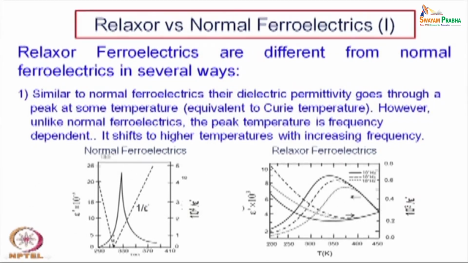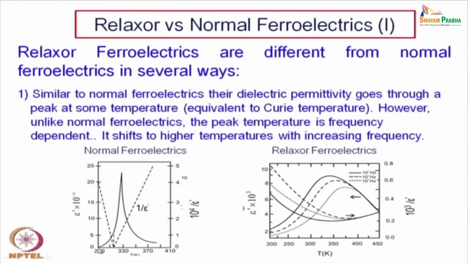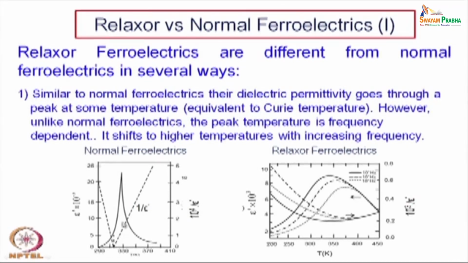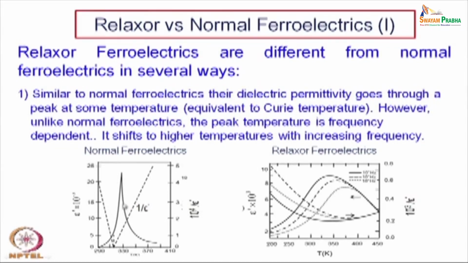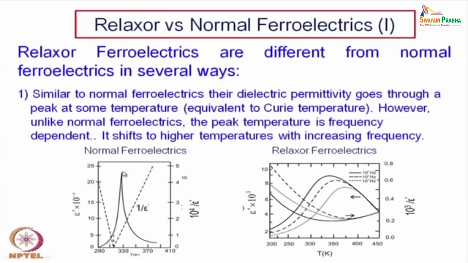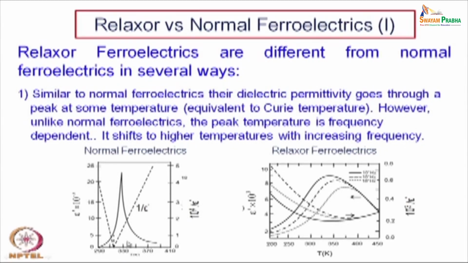This is a normal ferroelectric, where it goes through a very strong, very sharp peak at around 330 Kelvin.